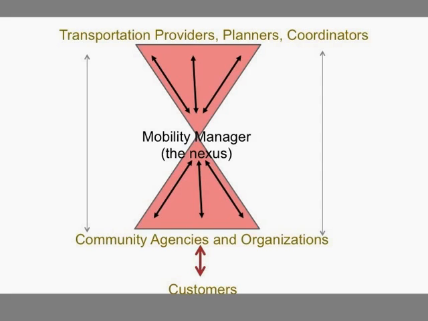As you can see in this graphic, the mobility manager becomes an information nexus, or the connector who has the knowledge of both sides of the equation: available and potential transportation services on one hand, and the transportation needs of individuals served by agencies and organizations on the other hand.